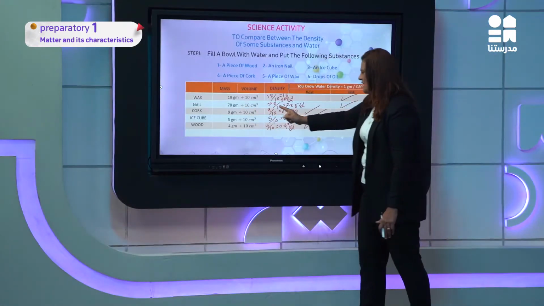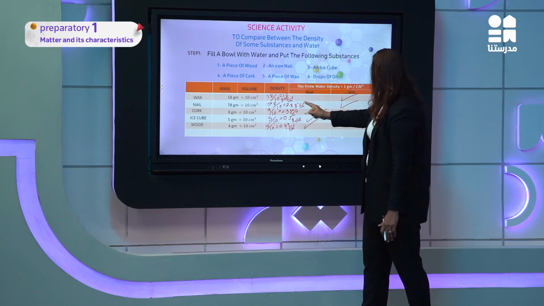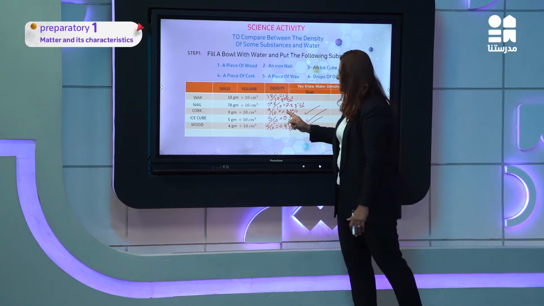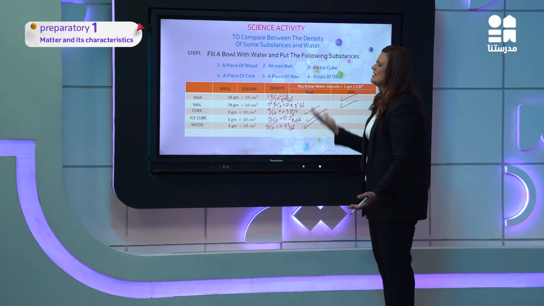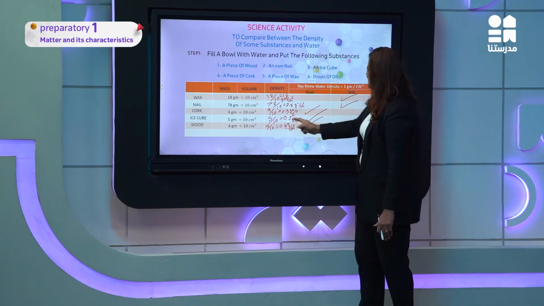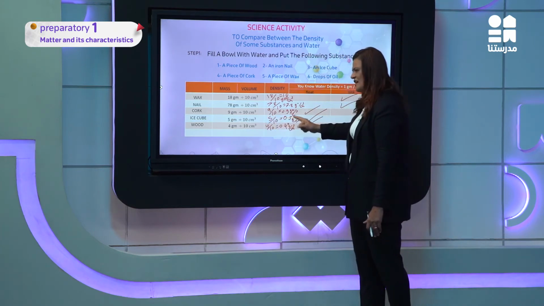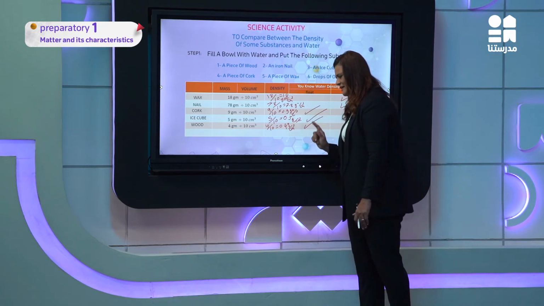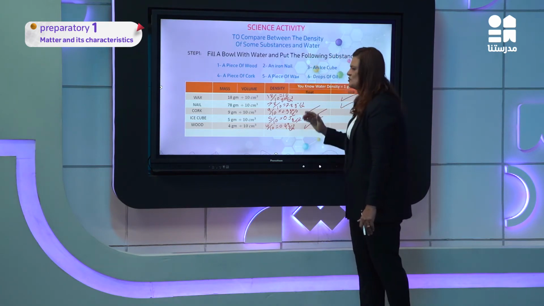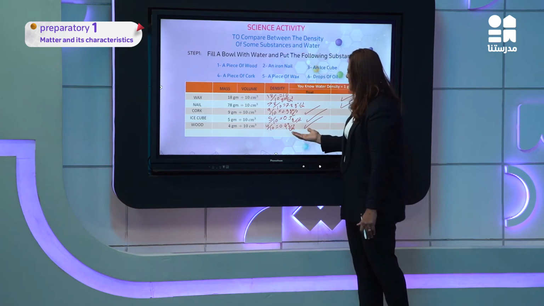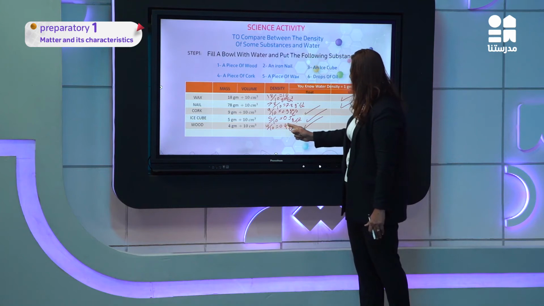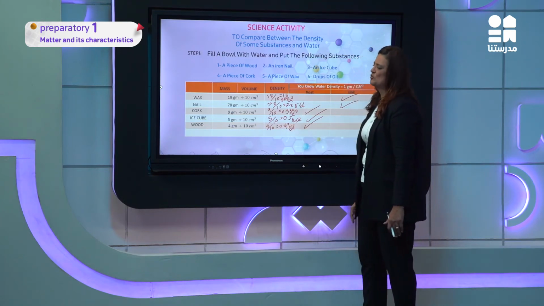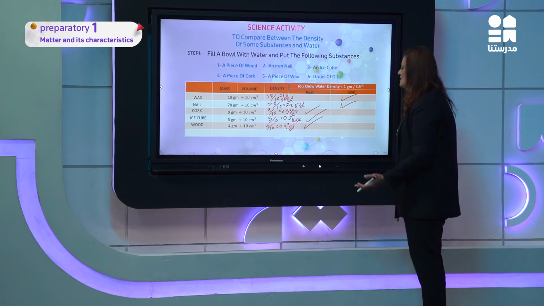Like the iron nail, 7.8, which is more than 1 gram, it will sink. Here 0.9, which is less than 1, so it will float. The ice cube, 0.5, less than 1 gram per cubic centimeter, so it will float. What about the wood? Of course it will float because its density is 0.4 gram per cubic centimeter, less than 1.